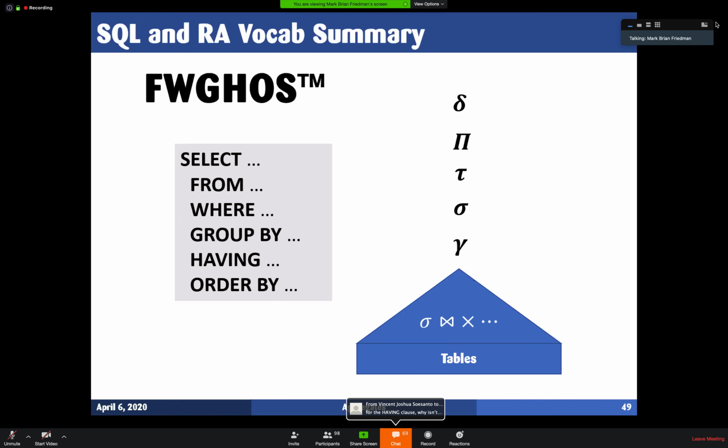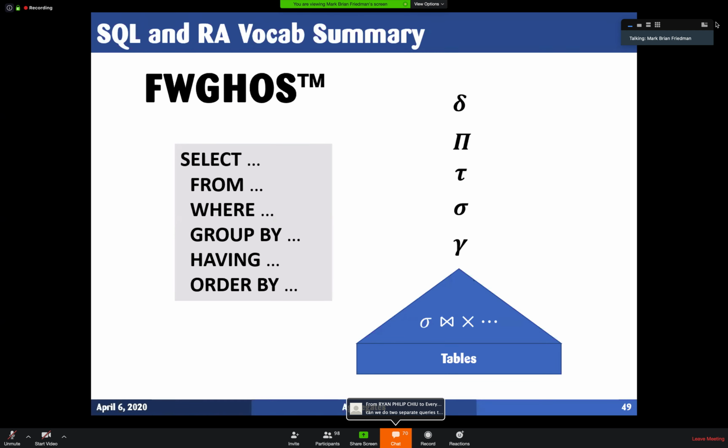Is this always the order? This is always the order in which a SQL statement is processed. This is how it's done. F, W, G, H, O, and S. From, you get the tables. Where, you do selection on the tables. Then you do the group by, you apply having to the group by, because that's what having does. Then you do sorting, and finally you do projection.